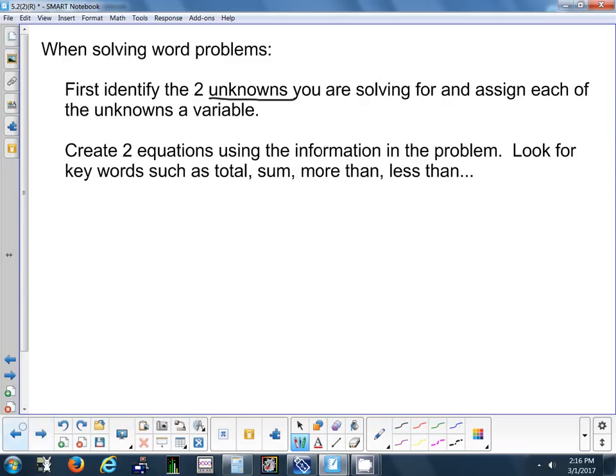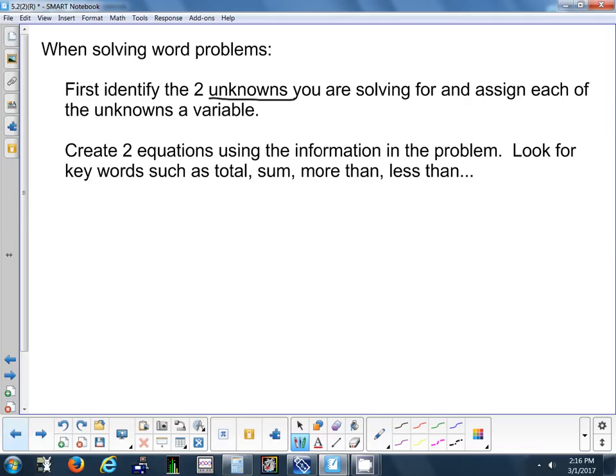Just figure out what the 2 things are they're asking you about, and give those 2 things variables that make sense to you. And guys, there's no real space on your notes for this, but if you want to write it in, you can. Or if you want to just listen, that's fine too. You're not required to write this down.